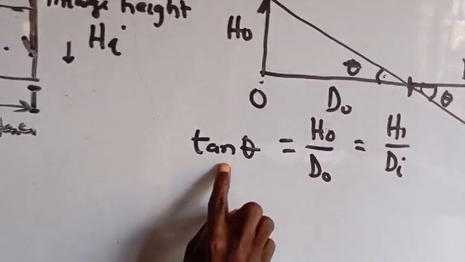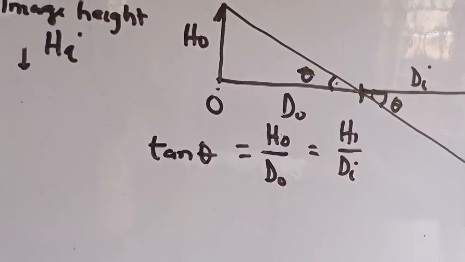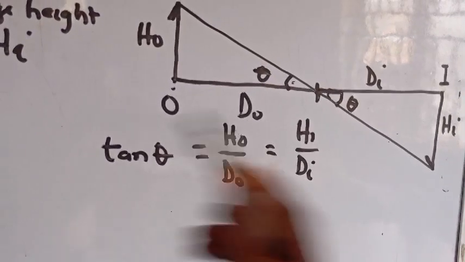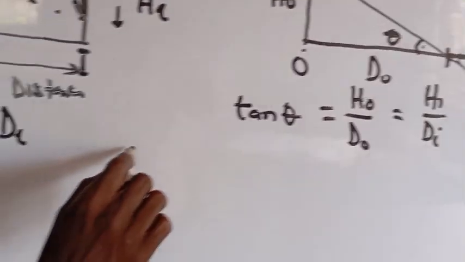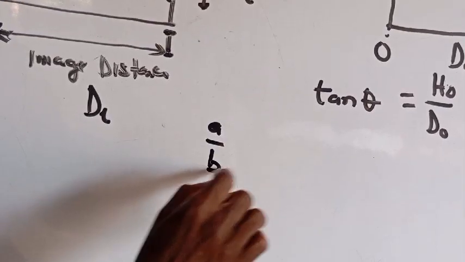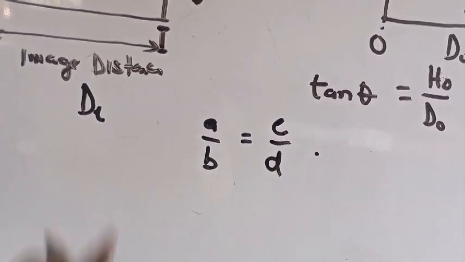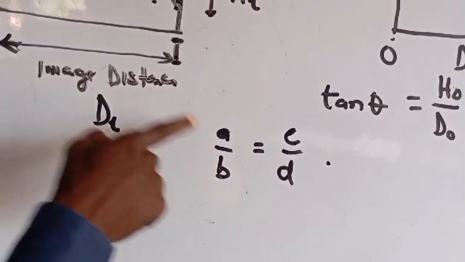Now, according to the rule of ratio, when you have a ratio A upon B equals C upon D, likewise we can also write this ratio by inverting it.